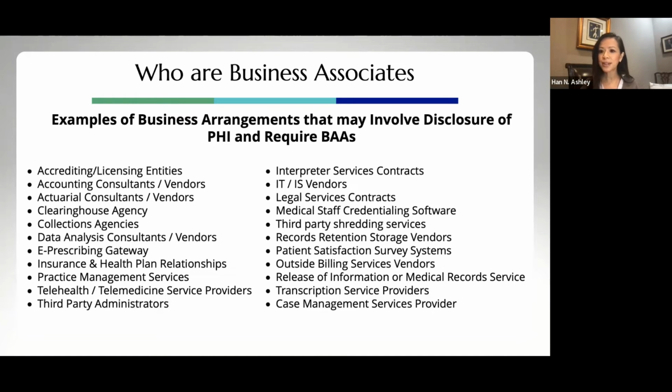They transport or transmit information and don't necessarily always store it. These conduits are an exception and not considered a business associate. So we like to point that out and introduce that concept to you at this point so that you can clearly identify who is a business associate and who is a conduit that would not need a business associates agreement.